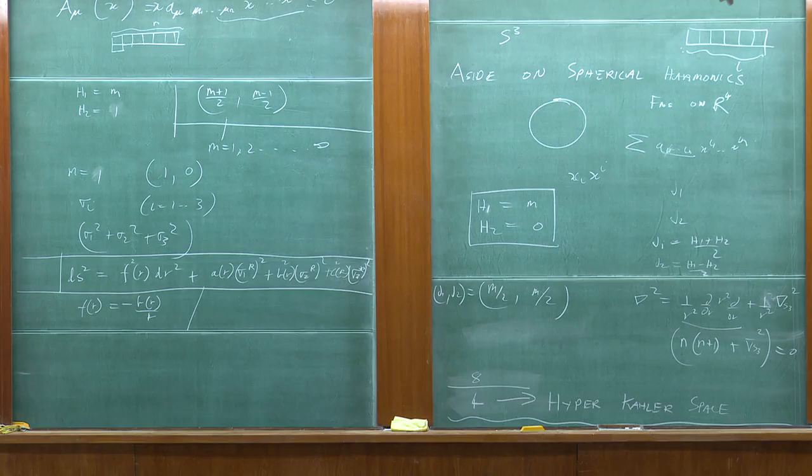Is this clear? So this SU2 invariance, just like SO4 invariance, was enough to reduce the problem to ordinary differential equations. The price you pay is that you have ordinary differential equations for more functions. For SO3 invariance, we would have had sigma 1 squared plus sigma 2 squared plus sigma 3 squared and one overall function outside. And then by choice of radial coordinate, we could have made it a problem with just one function.